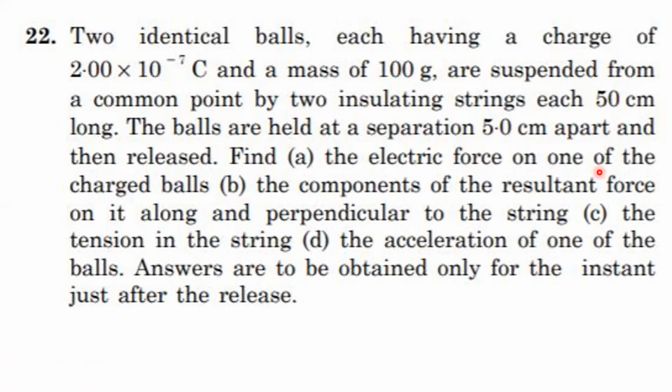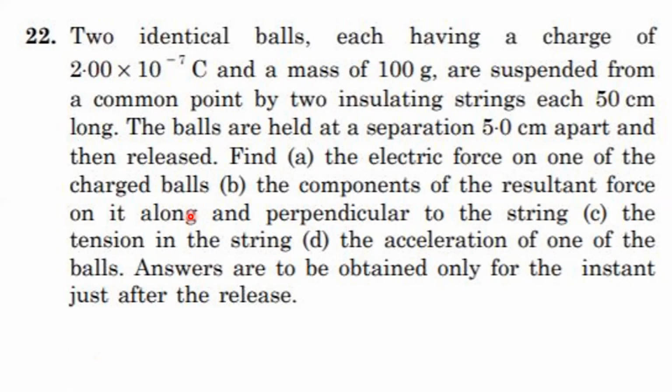The electric force on the charged balls is dash, and the component of the resultant force on it along and perpendicular to the string, and the tension in the string, and the acceleration of one of the balls. Answers are to be obtained only for the instant just after the release.